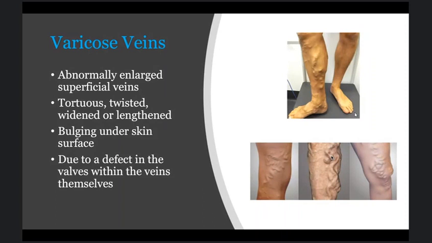So, in order to differentiate varicose veins, which are abnormal veins, from normal veins, especially in thin people, we have to follow this definition: abnormally dilated, tortuous, lengthened, widened, superficial veins with incompetent or abnormal valves, as you see here.